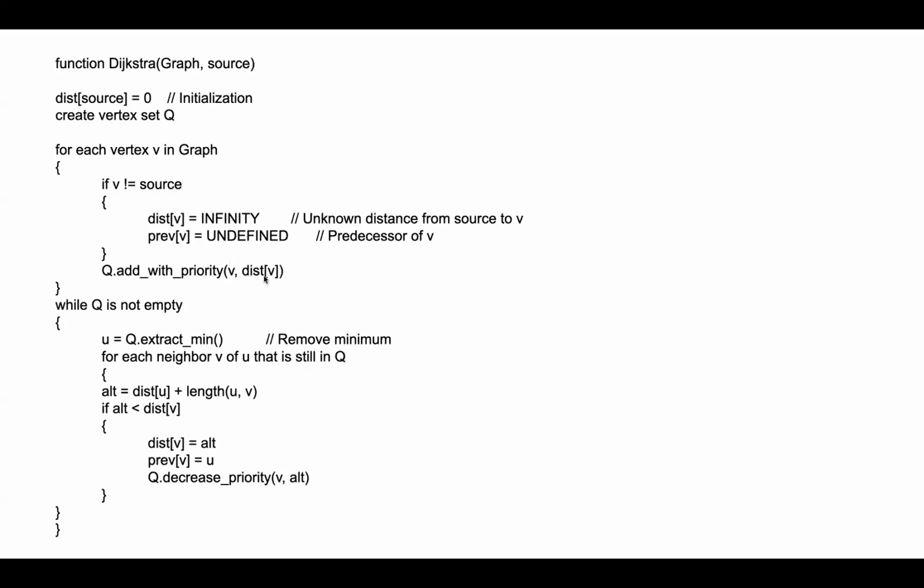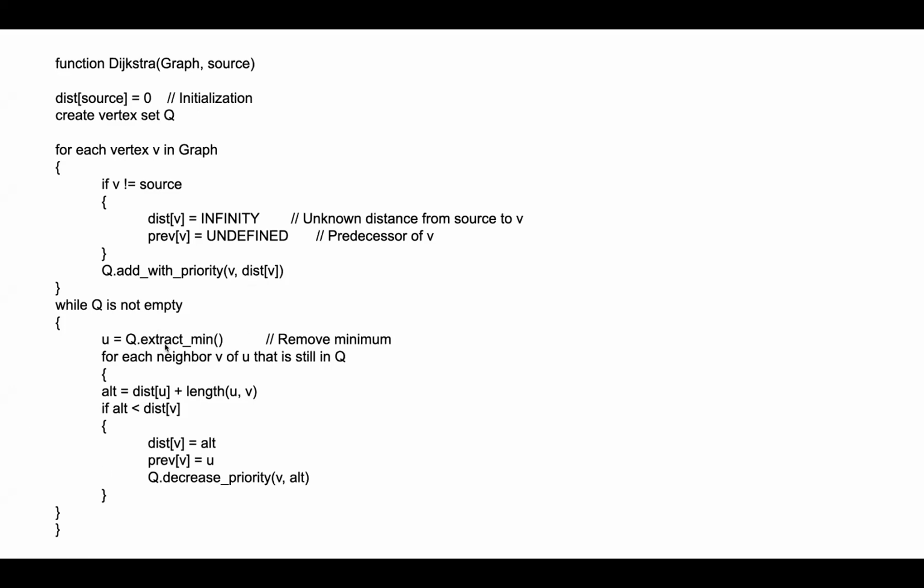And distance of V is the distance of that V from the source. That distance of this vertex V from the source, we have to add in the queue. But this distance should be minimum. How we are going to calculate that minimum distance, we will see with the example also. First we'll see what is there in the algorithm.